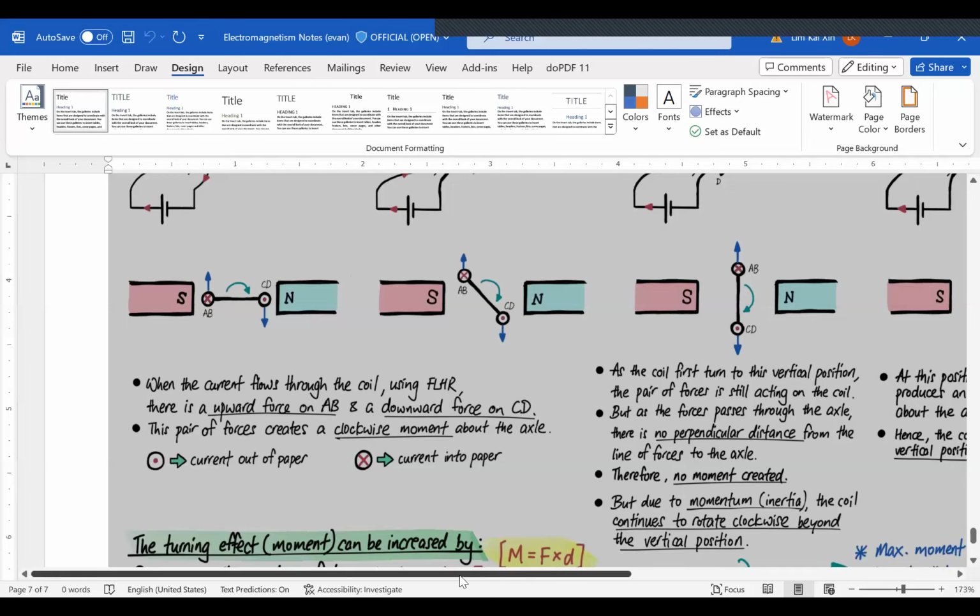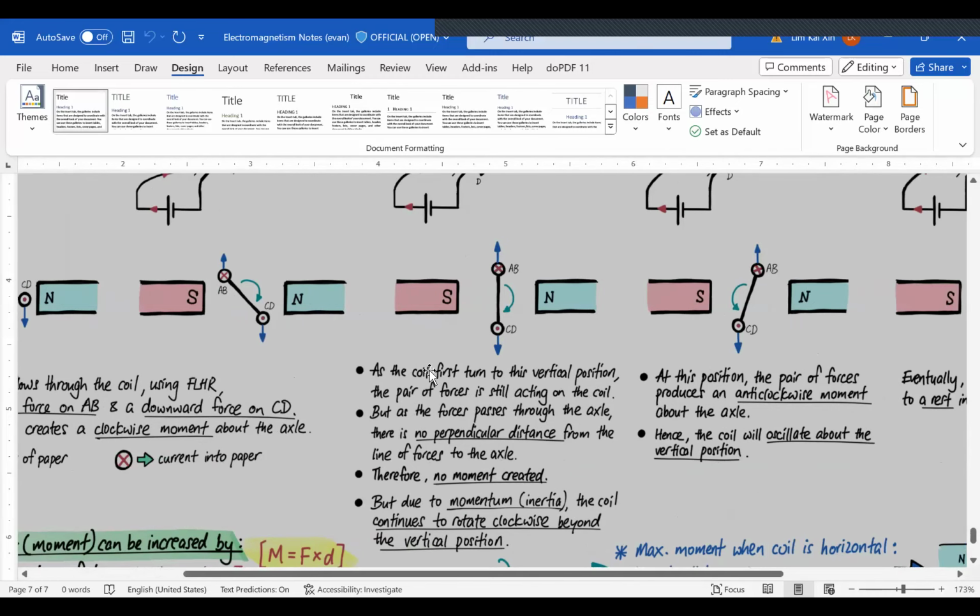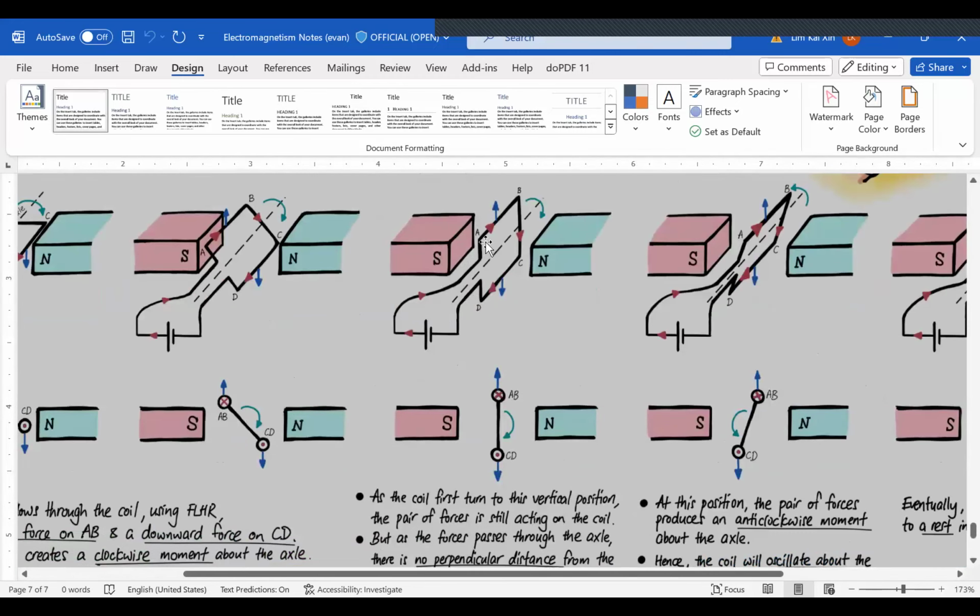But then after that, when it reaches a vertical position, it looks like this. In the vertical position for a DC motor with split ring commutator, the carbon brush is exactly at the gap of the split ring. So there will be no current flow and no forces acting on the coil.